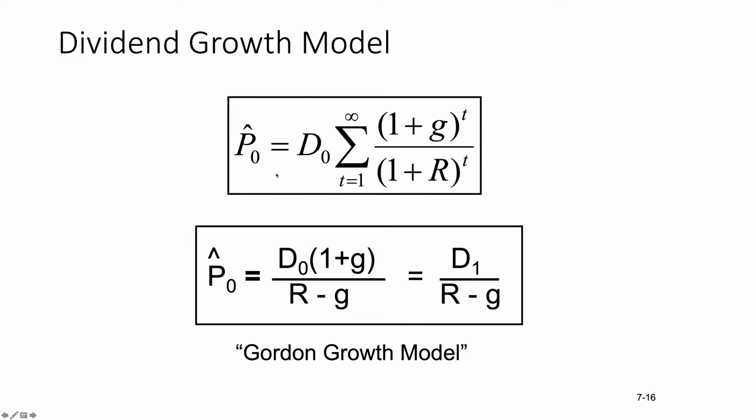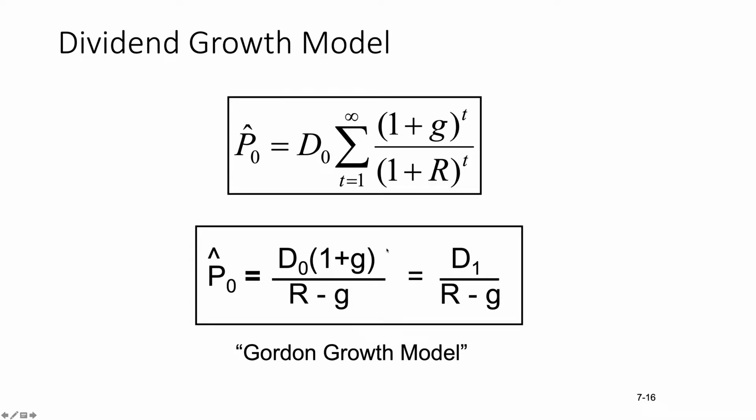Now, this model, also called the Gordon growth model, can also be rewritten in terms of D1: D1 divided by R minus G. Why is this equal? Because D1 is equal to D0 times 1 plus G. So these two formulas are interchangeable, depending on the parameter you are given.